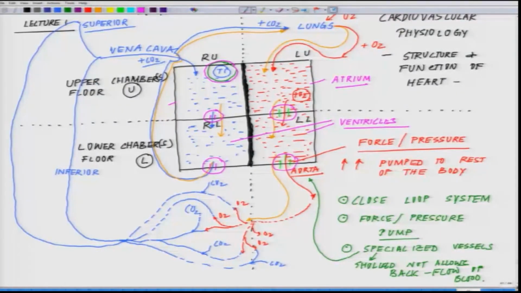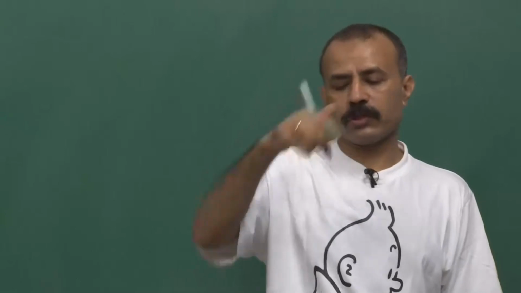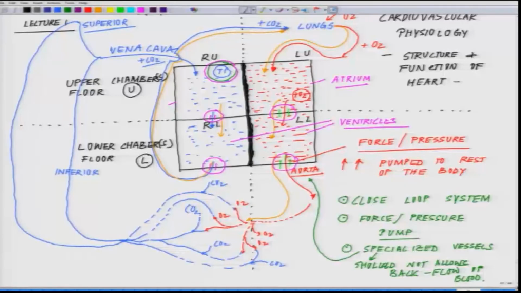What are those valves and what are their names? One of them is definitely called the semilunar valve, and I want you to look it up because there is an interesting part. On one side there are 3, on the other side there are 2. Which side has 3 and which side has 2? I want you guys to explore it.